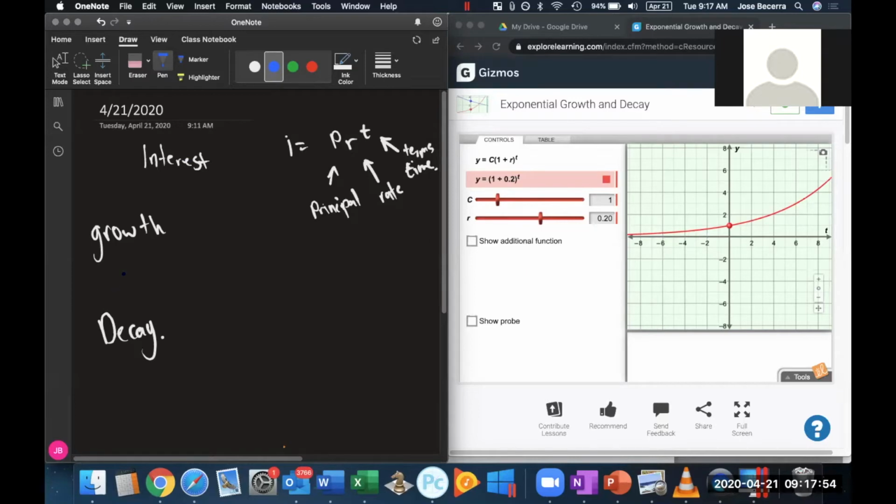So, for example, an exponential growth example can be money, specifically with interest.